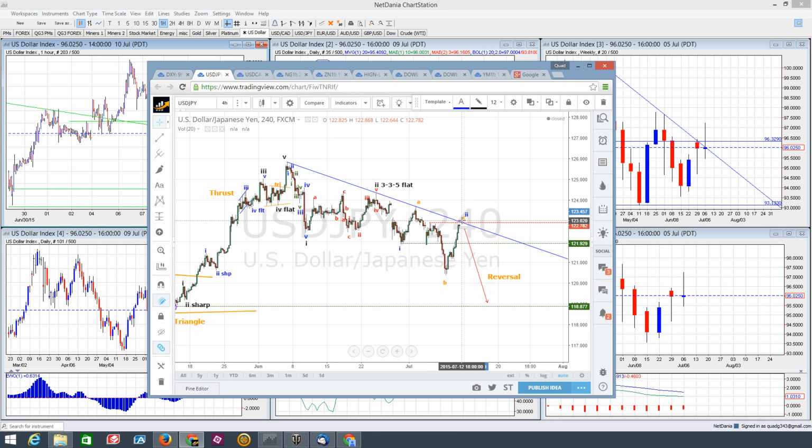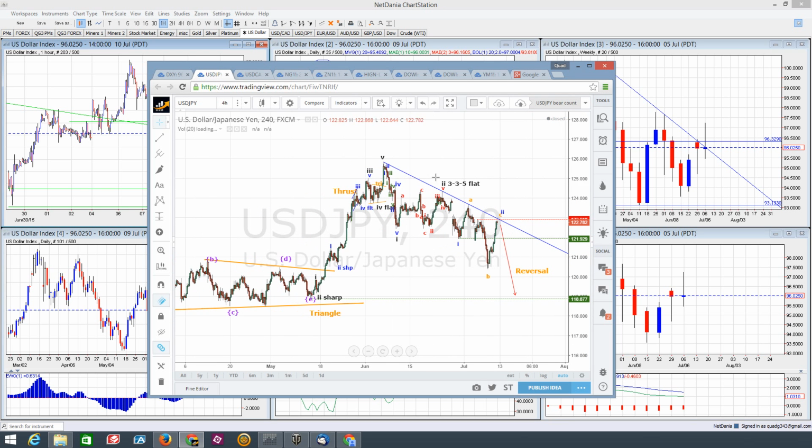However, if we get a solid close above that blue trend line, we might have to back out of the position altogether. And if we get a good solid impulse higher, maybe up to 123.70 or even higher, then that might give us a reason to look to the long side on a three-wave pullback. I have no problems with getting to the long side in this market as well.